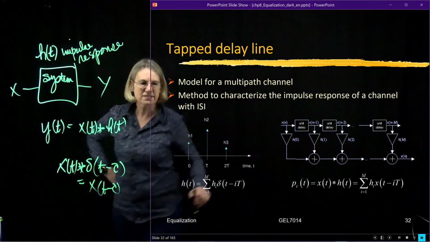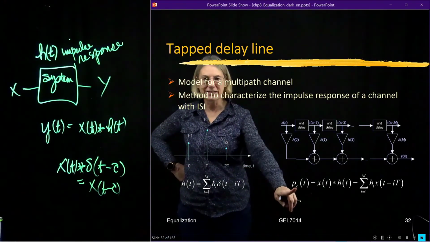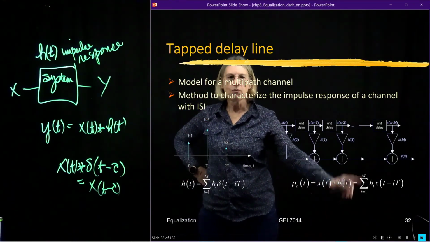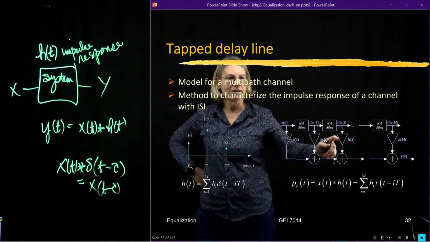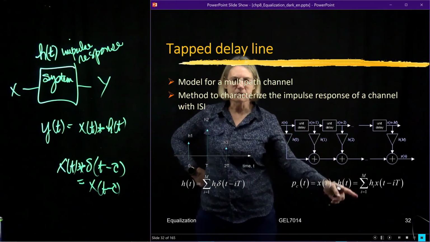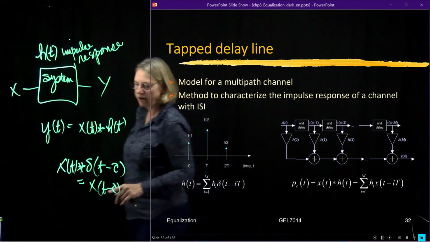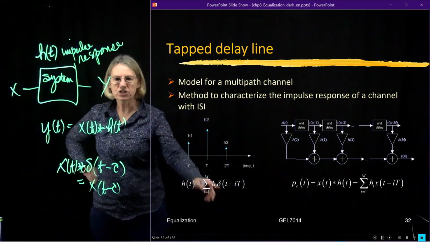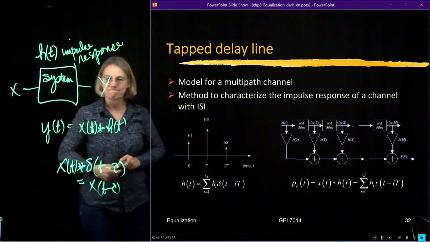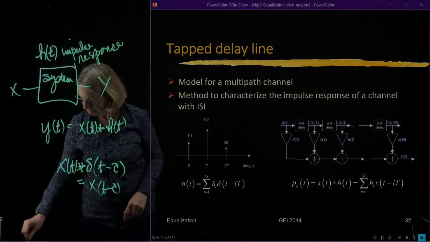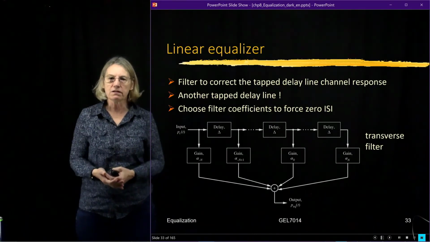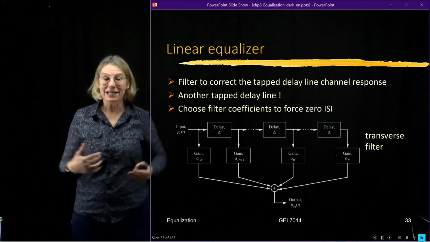So essentially, at the output of my channel, I have this representation, which is exactly what we see inside of this tap delay line. This is how we can get the tap delay line directly from this relationship for the representation of the impulse response. So we have this model for the multipath channel being a tap delay line.